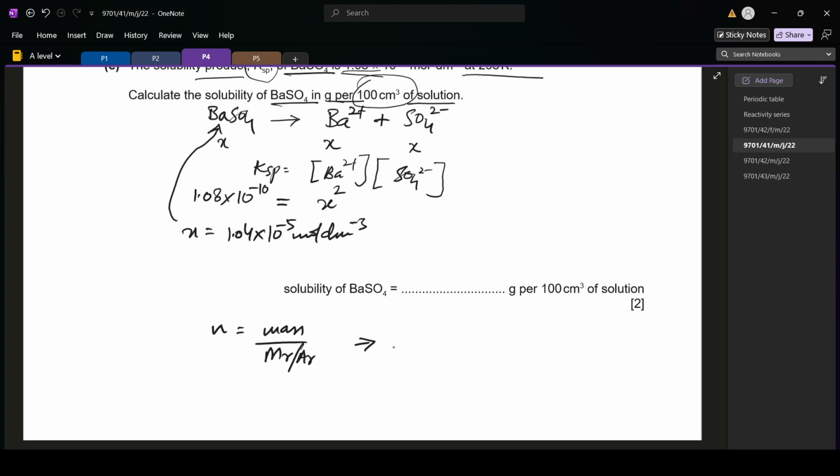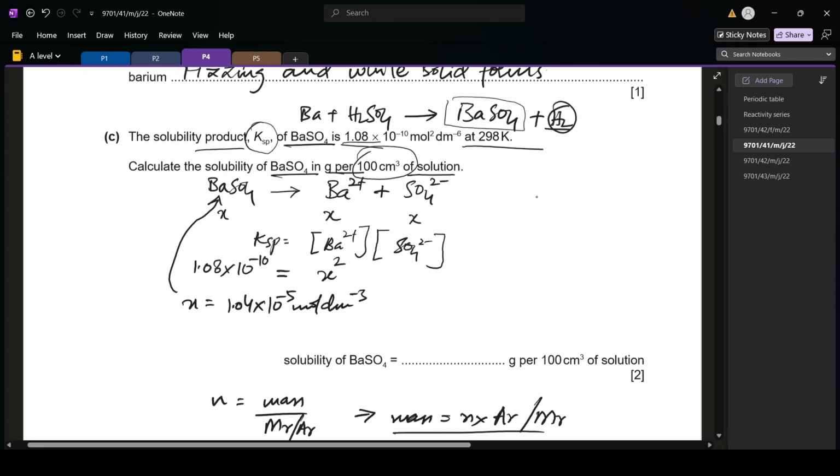So mass is equal to number of moles multiplied by Ar or Mr. Okay, so let's continue here. 1.04 × 10^-5 multiplied by the mass of barium sulfate. You will calculate from the periodic table. It is going to be 233.4.